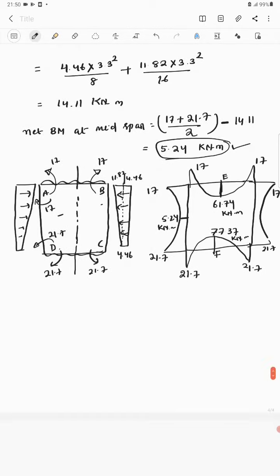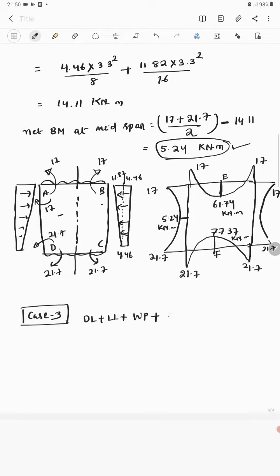Now we'll move to case number 3. So here we'll consider the dead load, the live load, the water pressure, and the lateral earth pressure due to the dead load only, without considering the live load. Means there is no vehicle. The lateral earth pressure will be only due to the dead load.